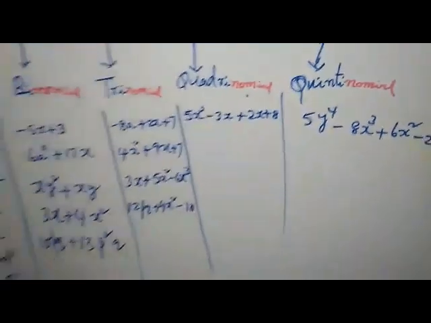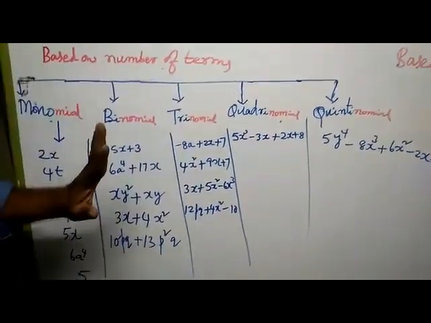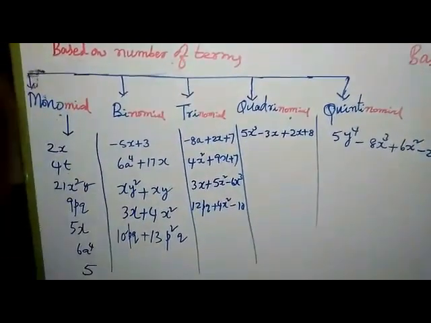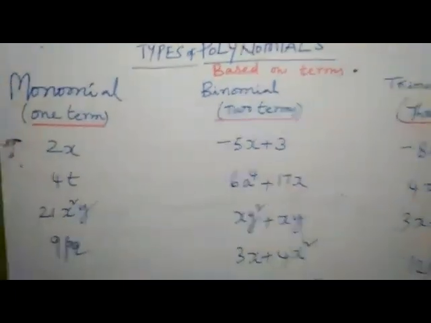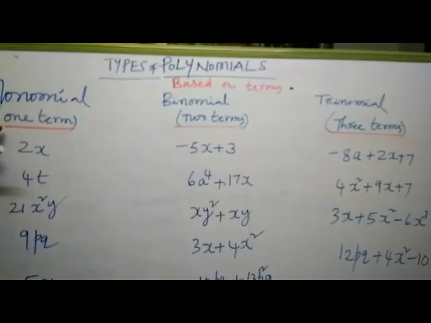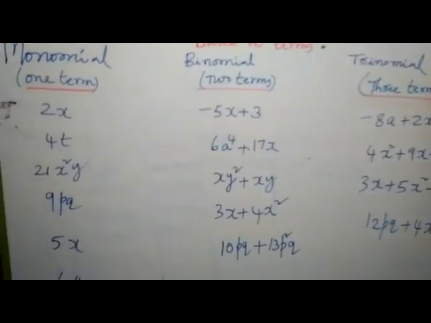So here the most important thing is only monomial, binomial and trinomial. These three are very, very important. Types of polynomials based on the terms. If it is one term, that is a monomial. If it is two terms, binomial.